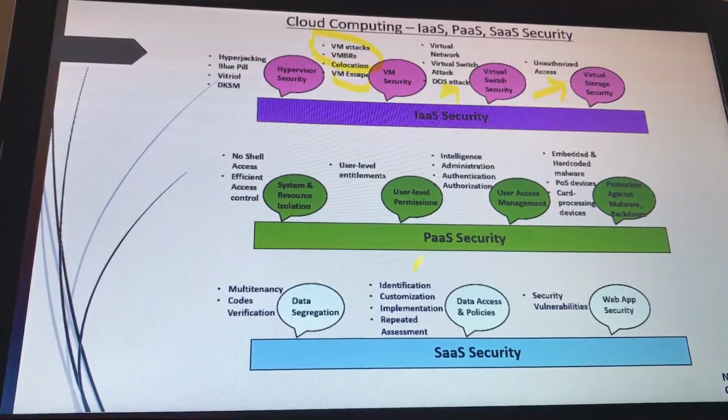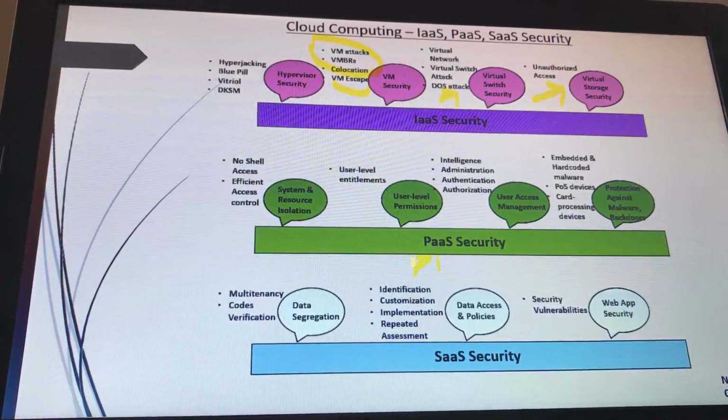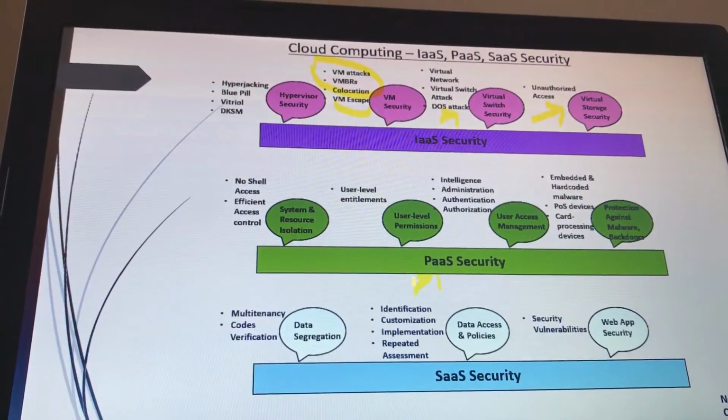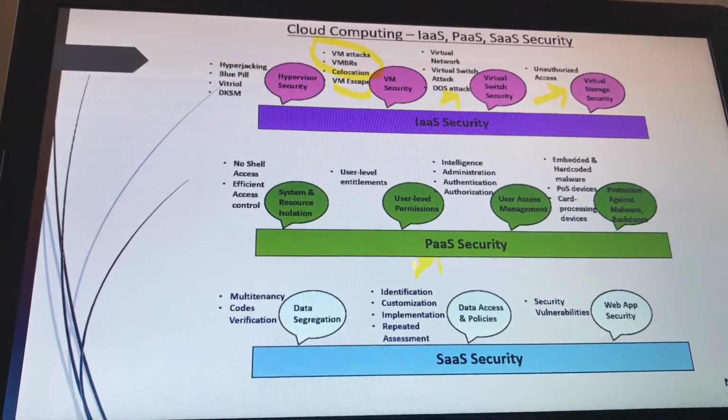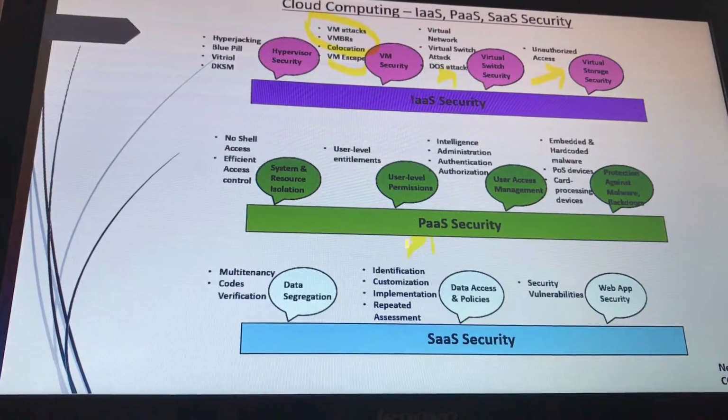Next, we move on to PaaS security, the platform as a service security model, where there are four pillars: system and resource isolation, user level permissions, user access management, and protection against malware backdoors.